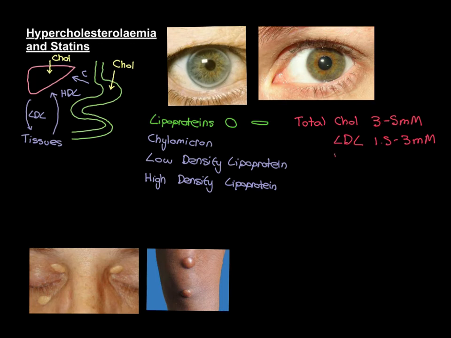Now, let's also go over the normal range for HDL cholesterol within the blood. And by the way, something that I didn't mention in the previous video: when you read articles about cholesterol in the news, in a newspaper for instance, they often talk about LDL and HDL, and they often call LDL bad cholesterol and HDL good cholesterol.